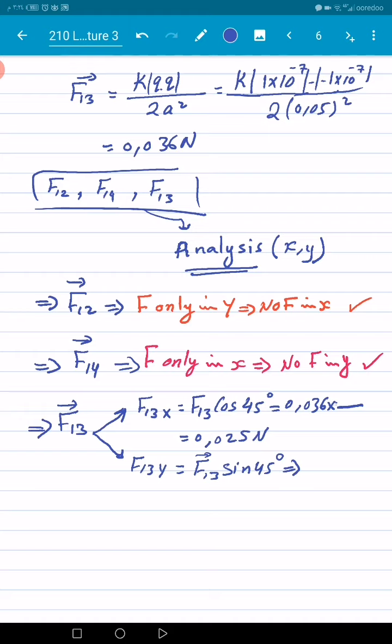So the final result is the same value, 0.025.